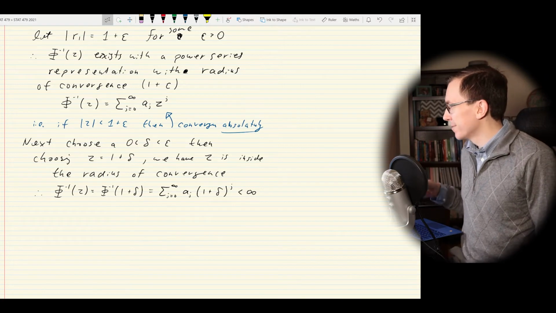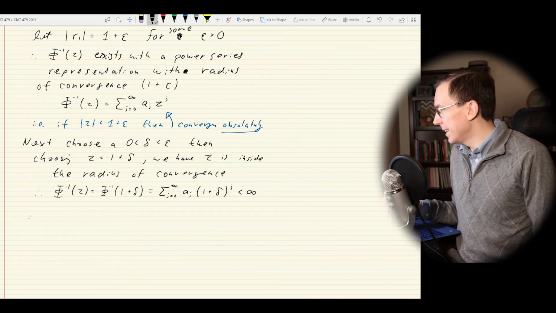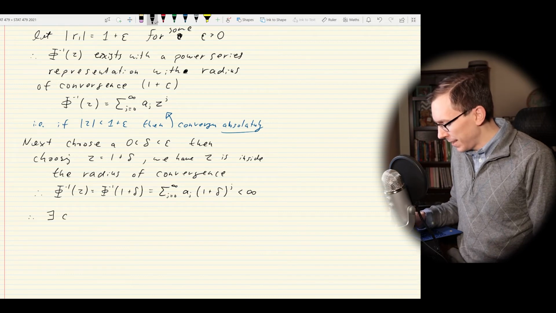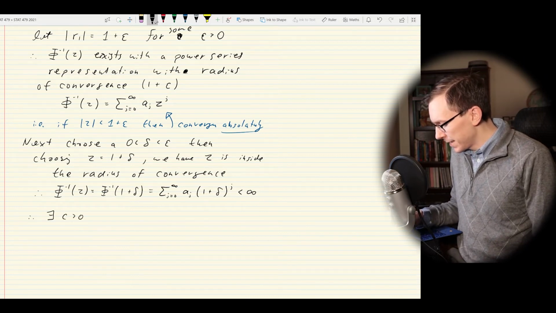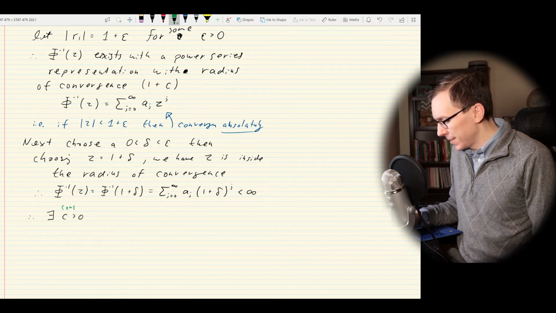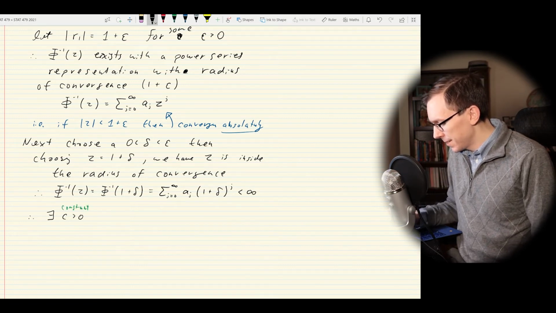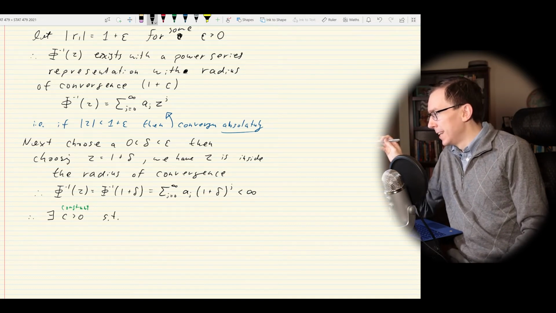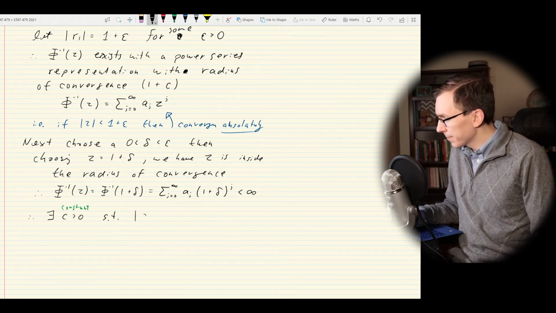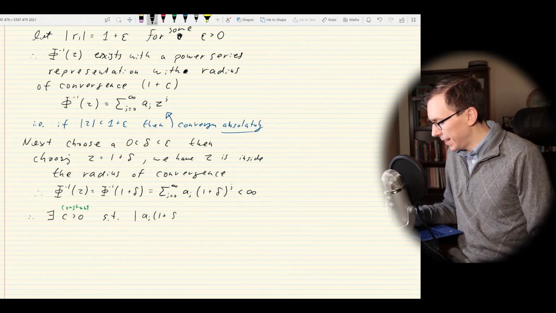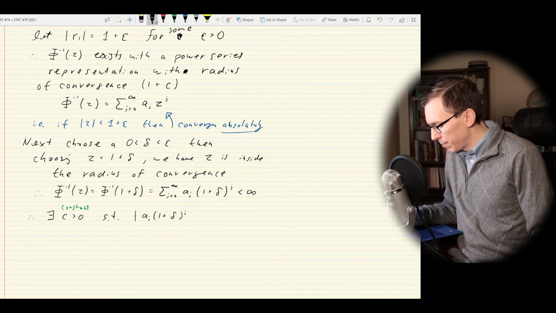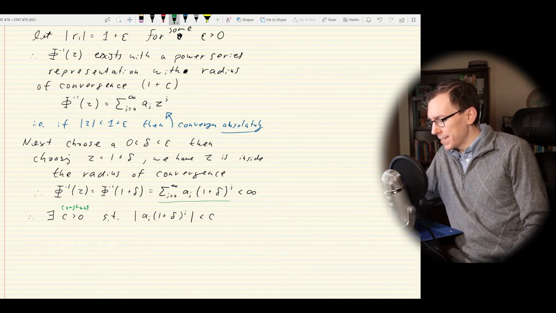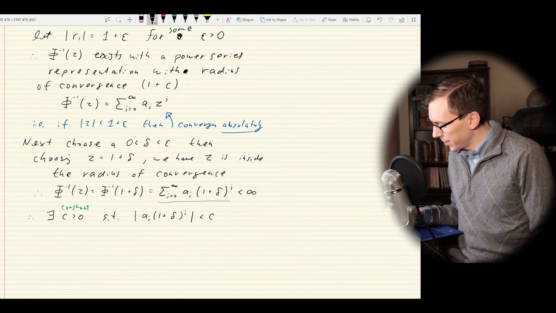Right, so what do we do next? Because this thing is summable, therefore there exists a constant C greater than 0 such that these terms, aj times 1 plus delta to the j, are less than C. Remember, this series is convergent.